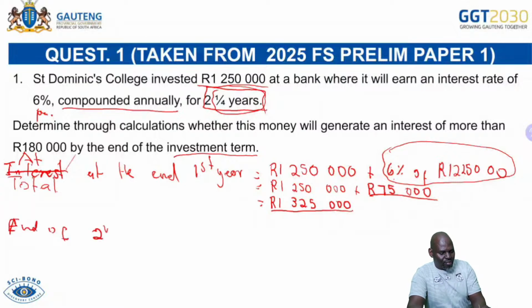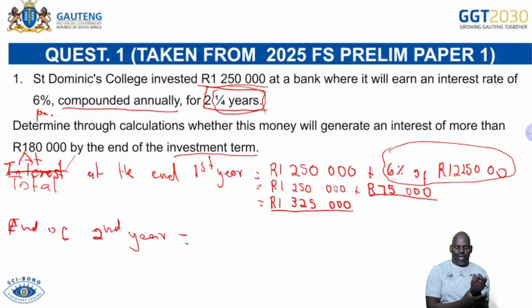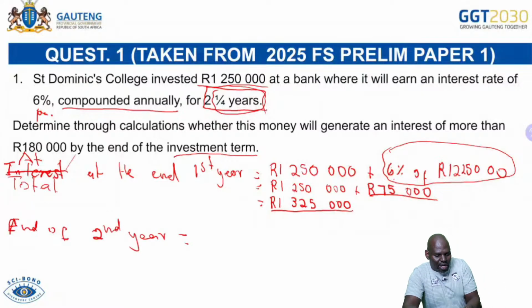Now I go to the end of the second year. At the end of the second year, I'm going to take the total amount at the end of the previous year, which is 1,325,000. Now, which percentage am I going to use? I'm still going to use 6%.